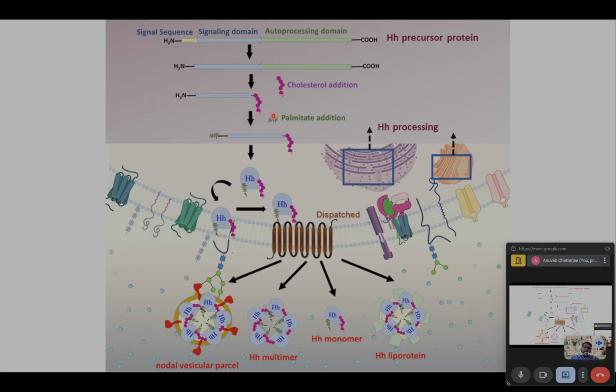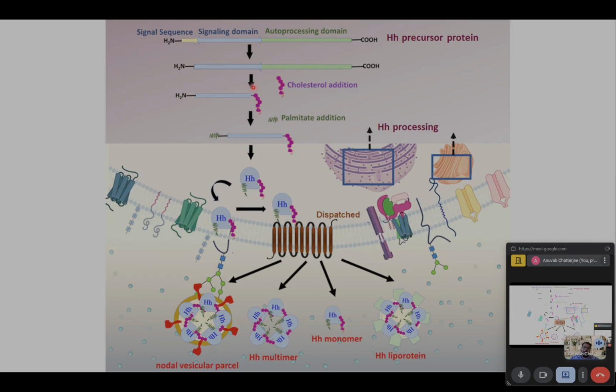Further, Sonic hedgehog has two interesting post-translational modifications. First is a cholesterol modification, which is added to the C-terminal end, and a palmitate addition, or palmitoylation, at the N-terminal.